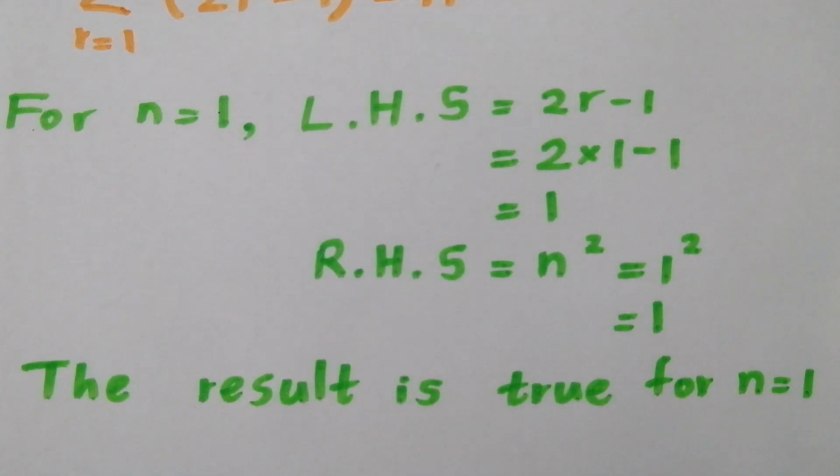Now the next step is to take an assumption that the result is true for an unknown variable. Mostly we use the letter p.